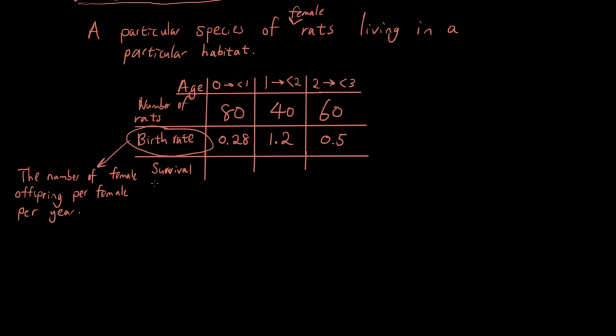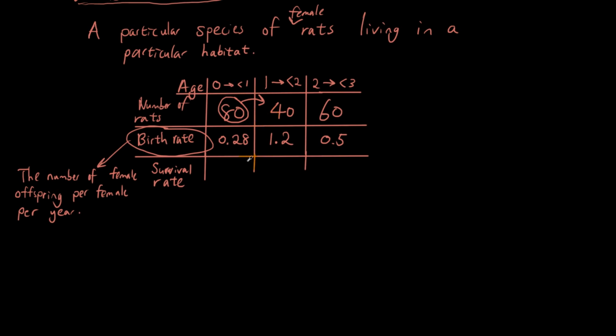What the survival rate means is that if we look at the first age group, it just means what percentage of these 80 rats will survive to move to the next age group, which is the next year older.